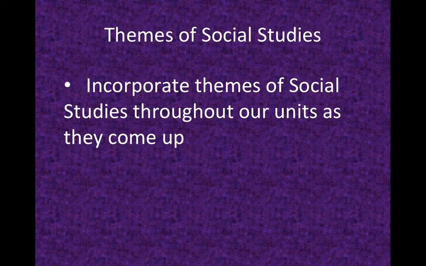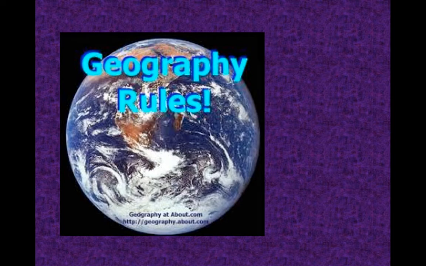Some of the things also will be incorporating the themes of social studies within our study. So geography is one of our themes, so we'll be talking about geography as it comes up in our units, especially westward expansion and also in the development of our nation and the ways that the North and the South were really different.